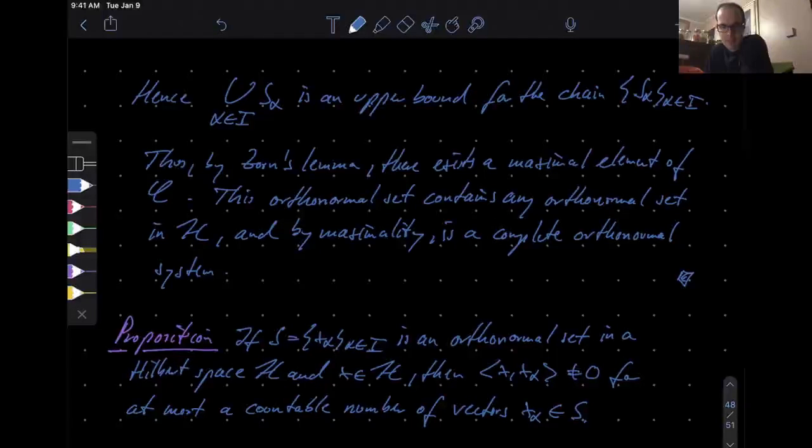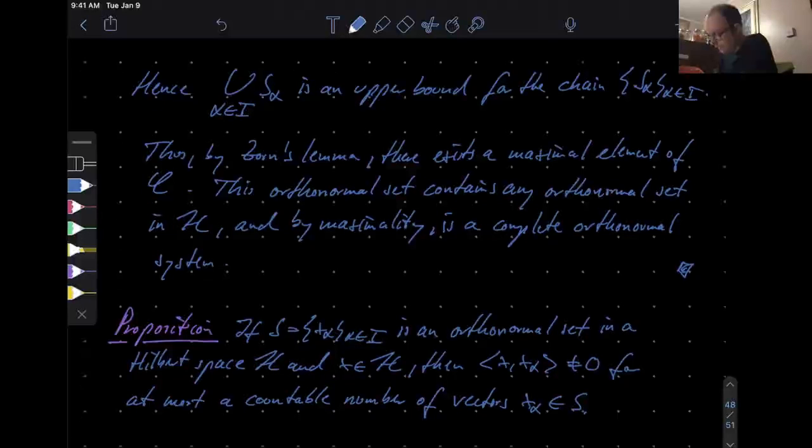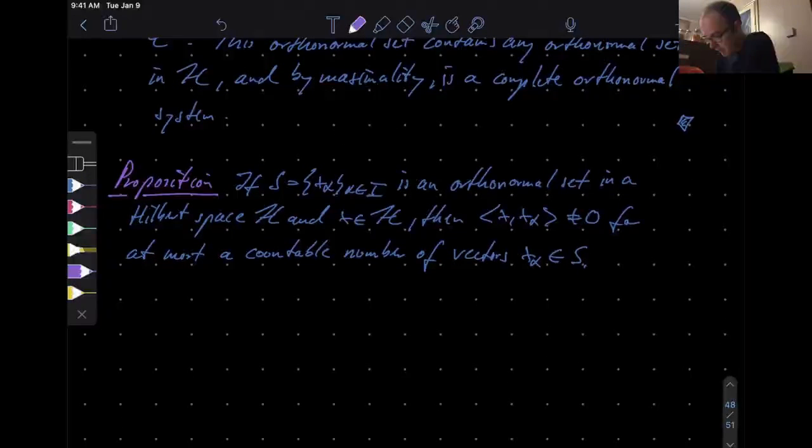It's clear how to make sense of convergence, but how to prove it? This result makes it manageable, because if the coefficients in your sum are the inner products of x with x alpha, then only a countable number of them contribute to the sum. So we might stand a chance there, and you will see we manage. But first, the proof. That's quite curious.